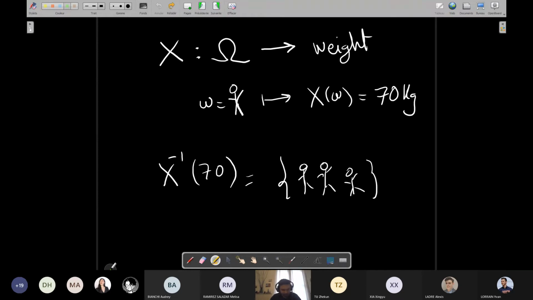What's your question, Alban? Because we can't find the antecedent of -4 as example, but it is not a random variable. Actually, a random variable doesn't need to be bijective. They are different notions.